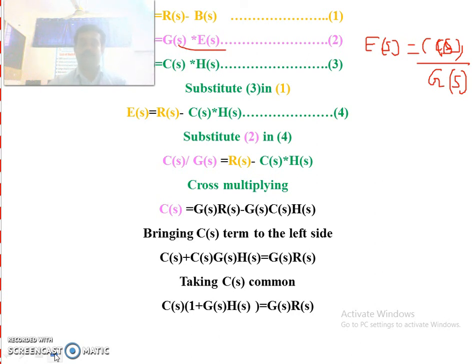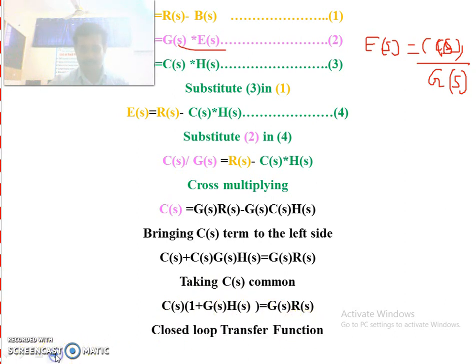But what is transfer function? Transfer function is nothing but Laplace transform of output by input. The output is nothing but C(s) and the input is nothing but R(s). So you have to bring this R(s) to the left hand side, and you have to bring this 1 plus G(s) H(s) to the RHS.